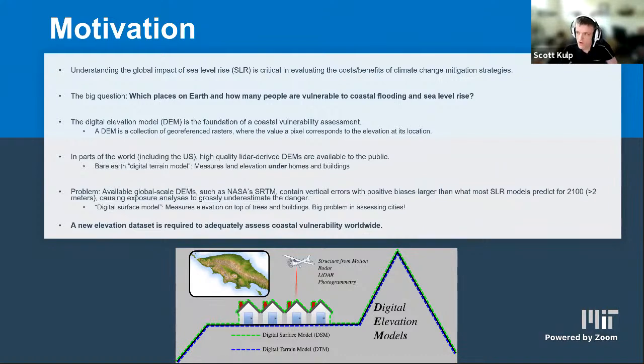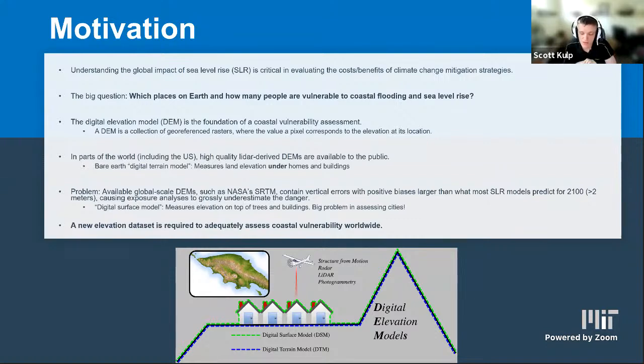Now, at the core of these vulnerability analyses, where we're trying to understand which places are vulnerable to flooding, is the digital elevation model. An elevation model is really just a map of elevation, so each pixel estimates the altitude at that location.